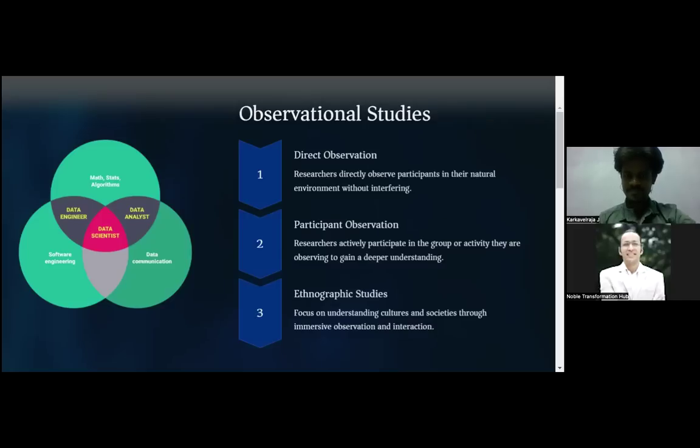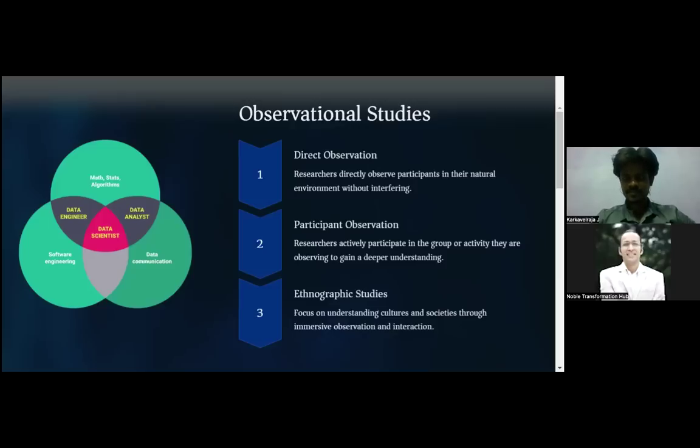Second is participant observation. Researchers actively participate in groups or activities they are observing, gaining a deeper understanding. When you participate, you observe and you also get a genuine, natural feeling, and then you turn that into insights or data.